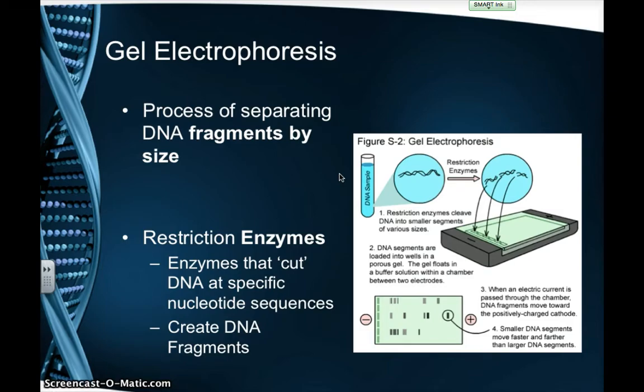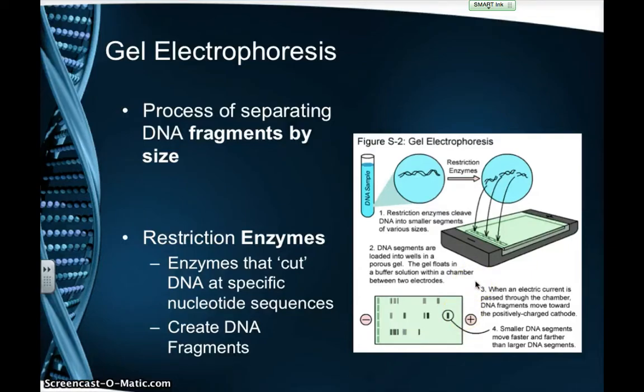This creates DNA fragments, or pieces of DNA, and then we'll show the next step, but basically they're put into something called wells right here, and then they move across this surface and stop at different locations based on their size.